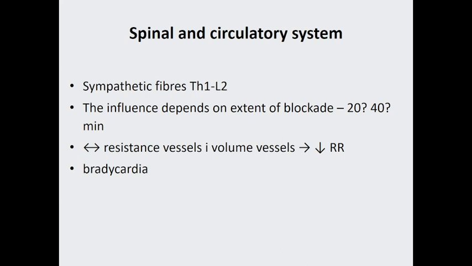When the block is as high as the sternum, it's good for the cesarean section. For most operations in the lower part of the body, it's enough to block the nerves up to T10, thoracic level of vertebrae 10. It's the middle of the abdomen.